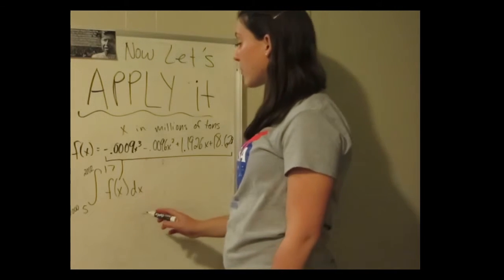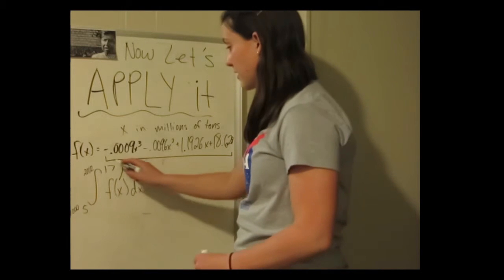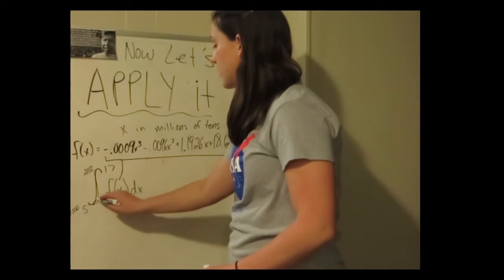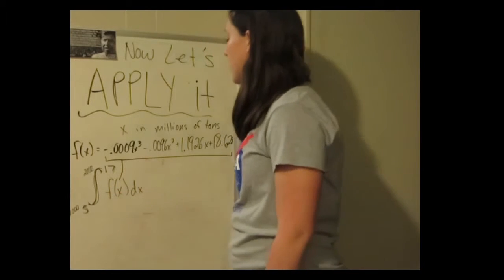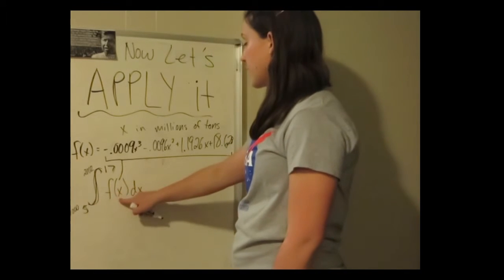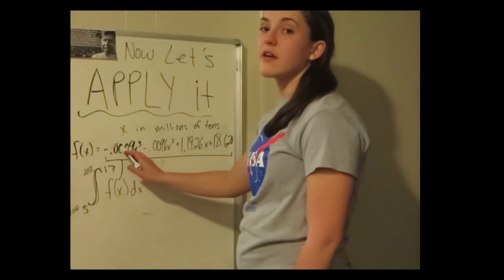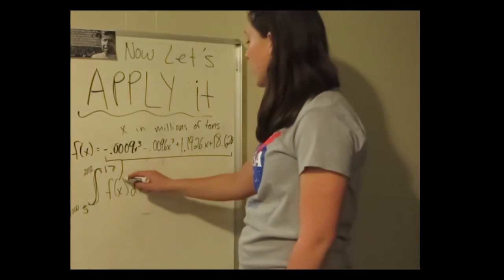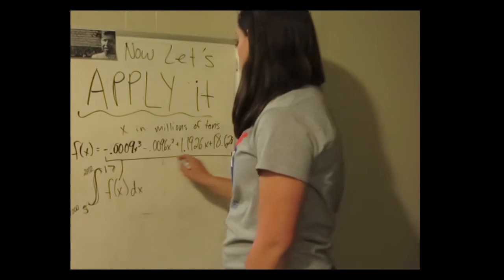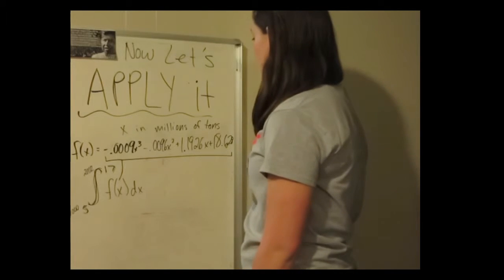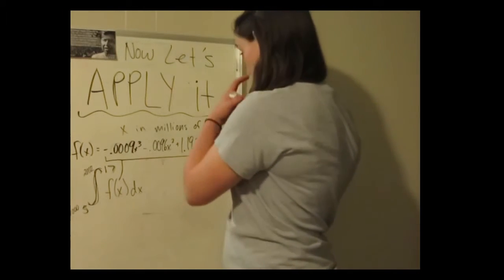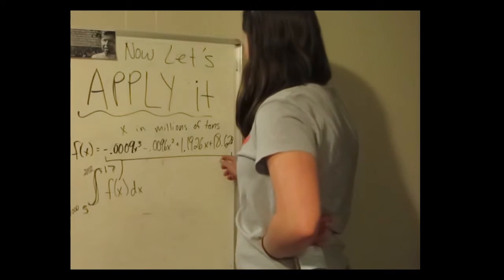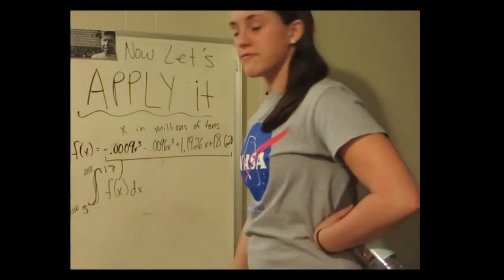So we are going to use a definite integral, as you can see here. There's our definite integral, 17, which is b, to 5, and then f of x dx, because I don't want to write out that long thing. So there's f of x. And so now we're going to solve.